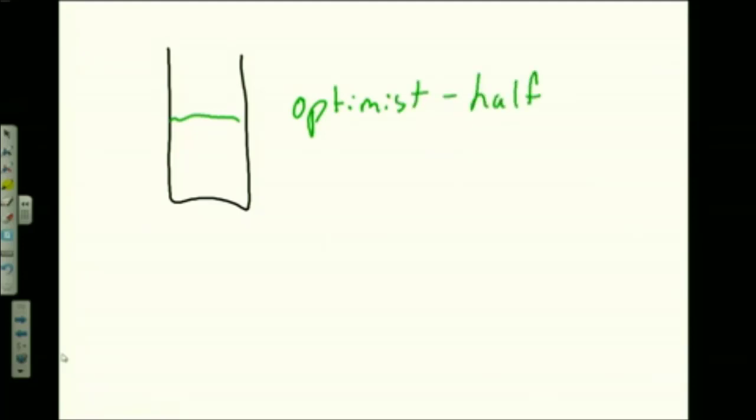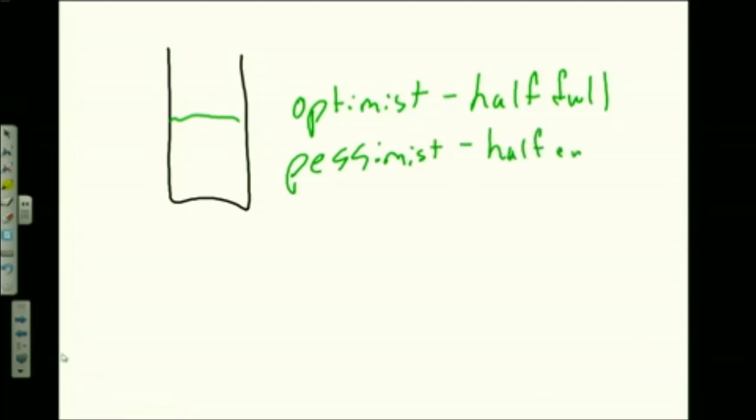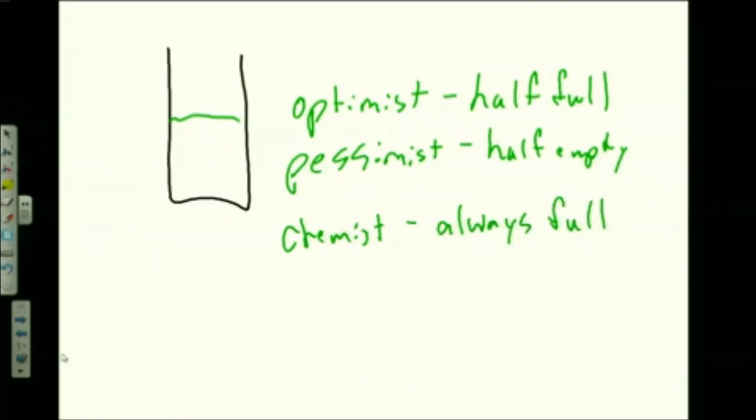Half full. Pessimist: half empty. Chemist: always full. Why?